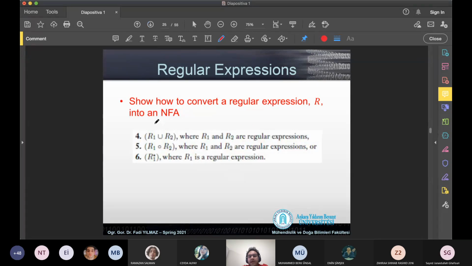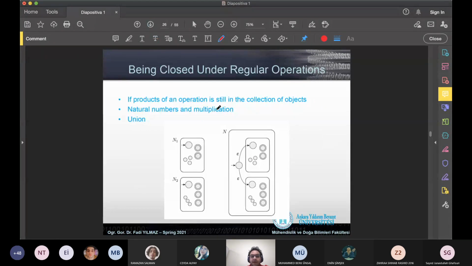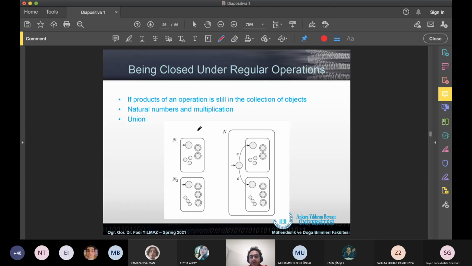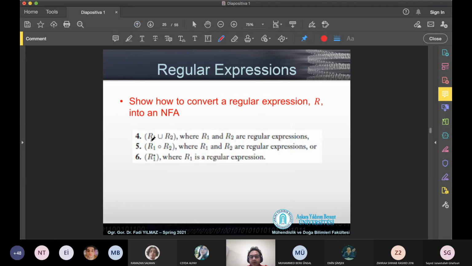If you remember, last week I left this part to you. I asked you to read this part and understand the union and how we prove it. It's called closure under regular operations, and this is how we convert the union operation into an NFA.